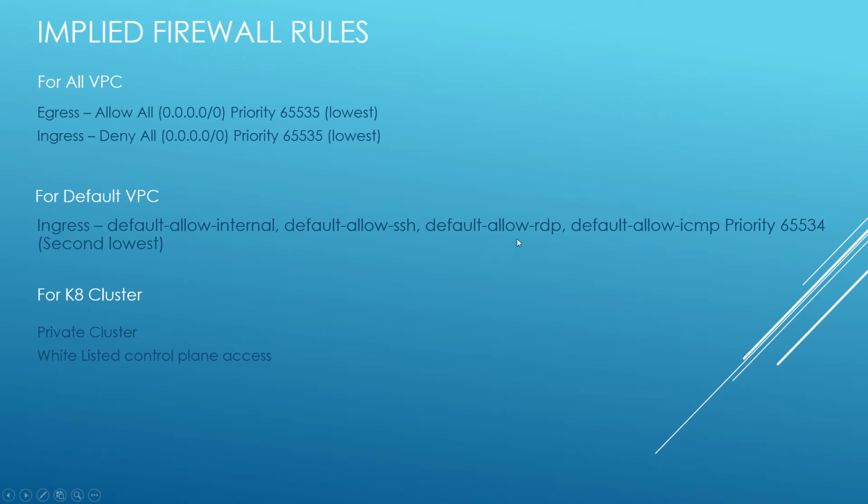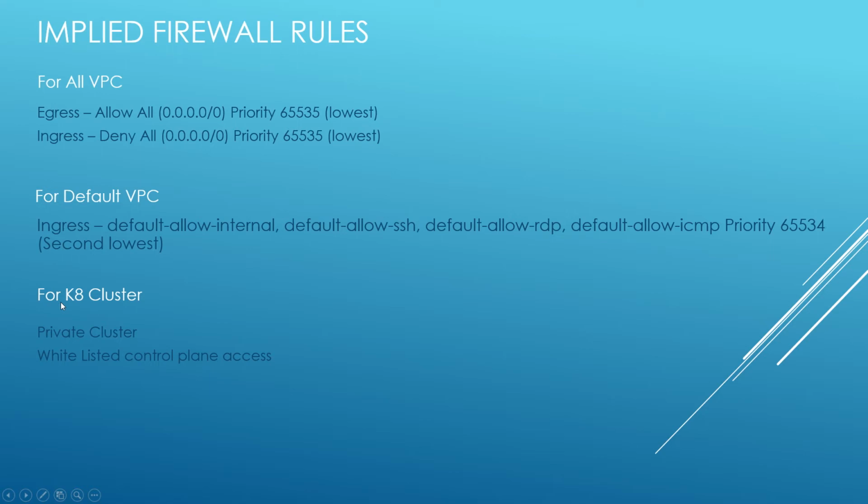The next one is allow RDP, if you want to do RDP into your Windows instances. The next one is allow ICMP. And all these have a priority of 65534. This is a higher priority than 65535. That way these rules are going to override the implied firewall rules.